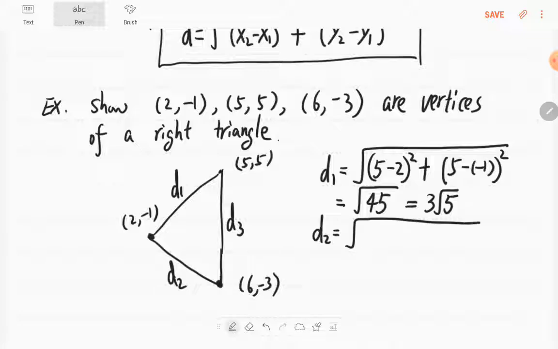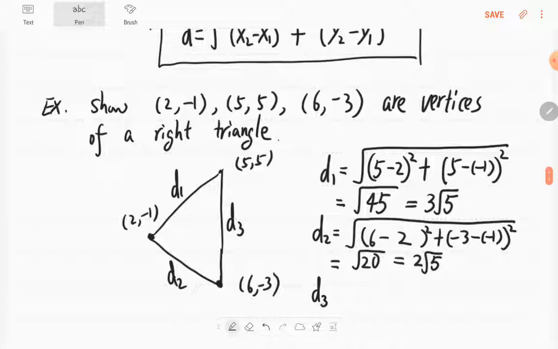And D2 is the distance between these 2 points, so we still have the square root of (6 minus 2) squared plus (negative 3 minus negative 1) squared. If you do the calculation, it would be square root 20. If you simplify, it would be 2 square root of 5.